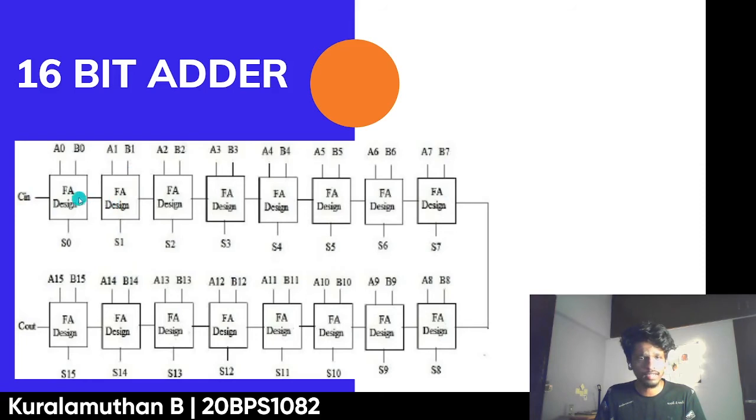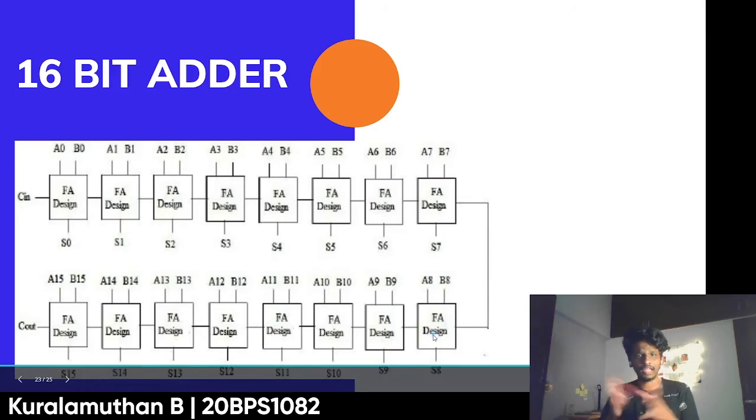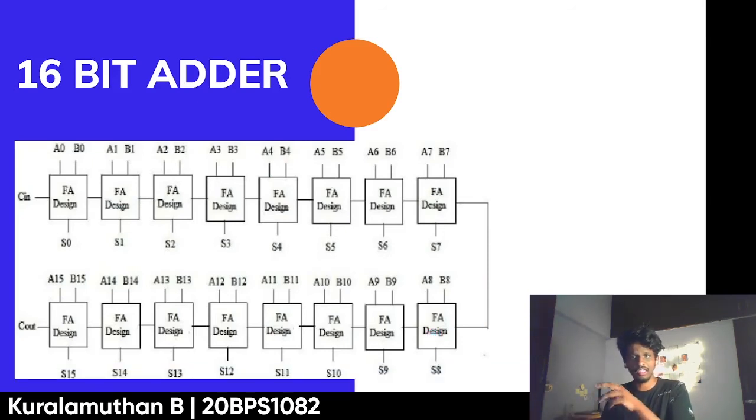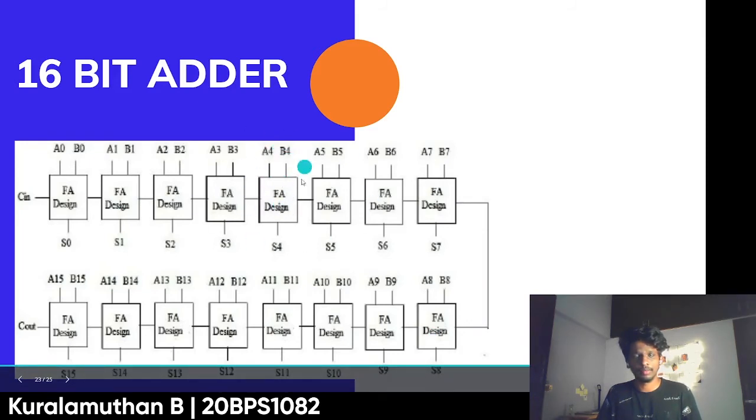For the other full adders, the previous full adder's carry out bit is going to be the input carry for the next one, and for the third full adder, the carry in is going to be the carry out of the second full adder. In that manner, we calculate the carries of each and every addition, and finally we give a carry out.